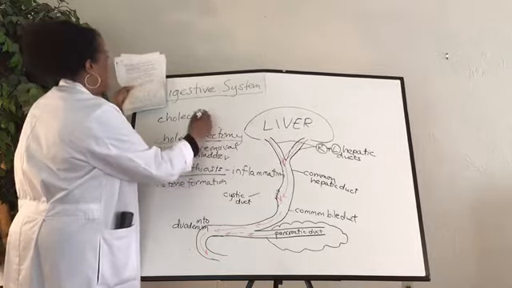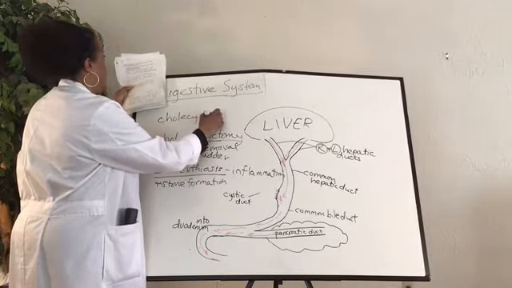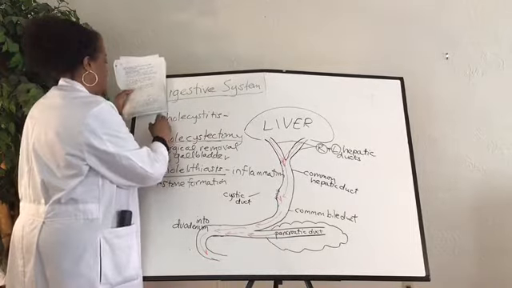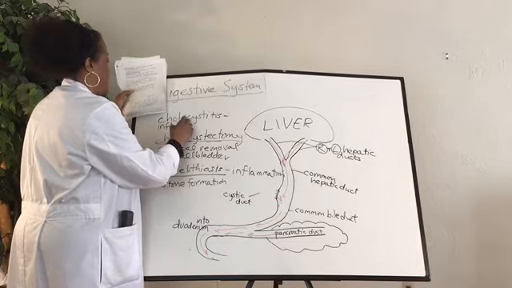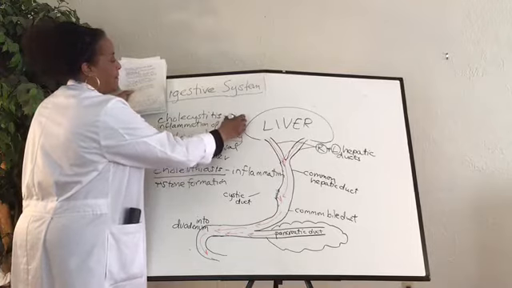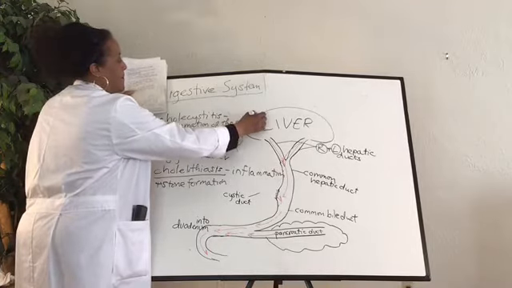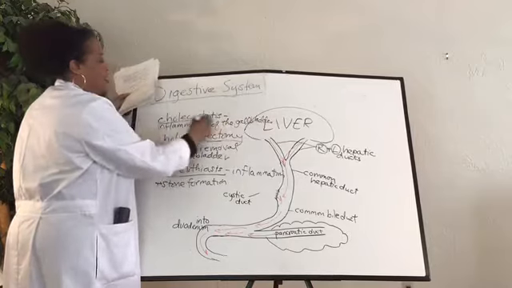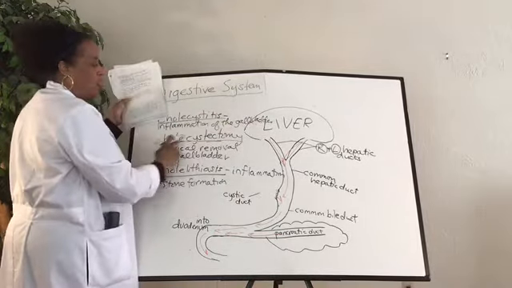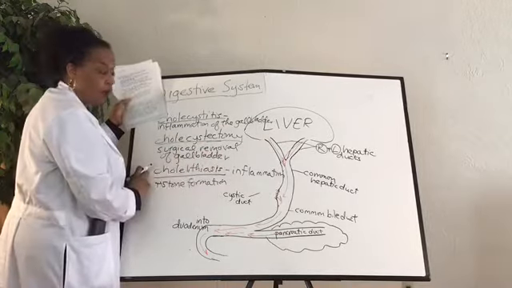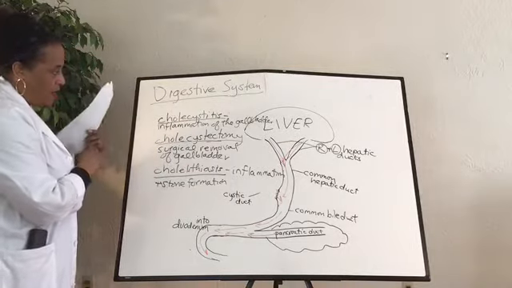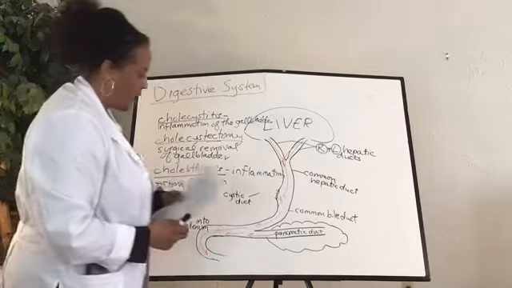Cyst refers to the gallbladder itself. Now, anytime you see these itises, that's inflammation. So cholecystitis is inflammation of the gallbladder. Cholecystectomy is the surgical removal of the gallbladder, and cholelithiasis is inflammation and stone formation.